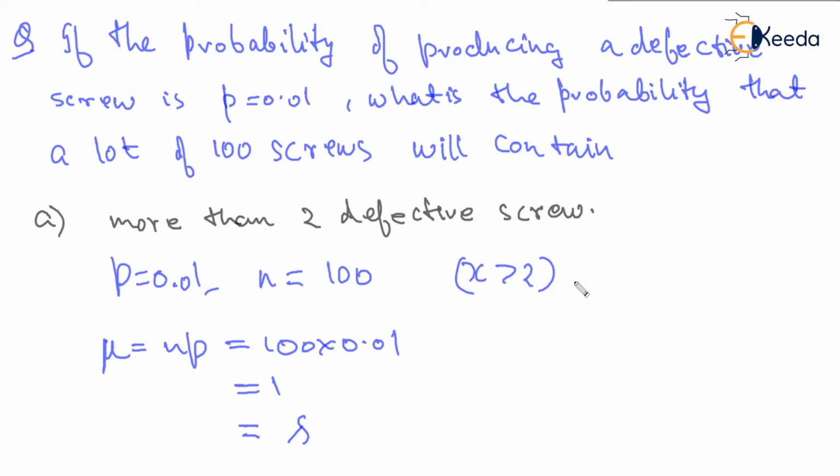Now x greater than 2 means what? It can take values like 3, 4, 5, 6 and so on, up to 100, which is a very large value. So in order to find the probability of x greater than 2, we'll have to add all the values for x equal to 3, x equal to 4 and so on.